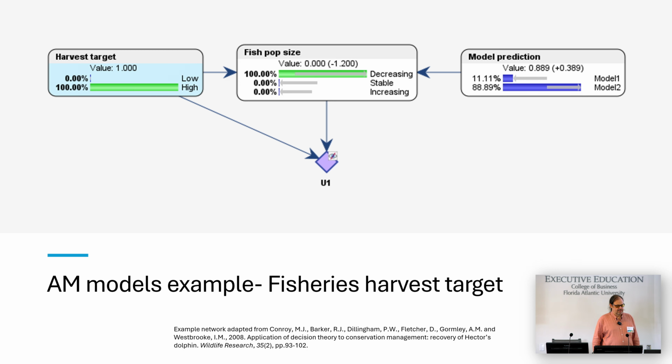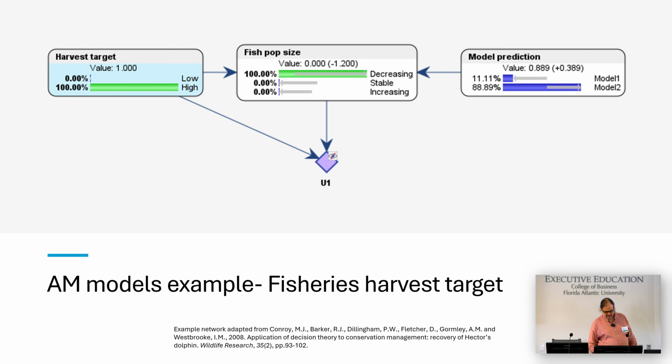So let's say we implement the high harvest target and we observe what we didn't expect to see, which is that the fish population size is decreasing at the end of the fishing season. But this also updates our model predictions. We can see that model 2 now has an 89% probability of being more accurate than model 1, which has 11% probability.